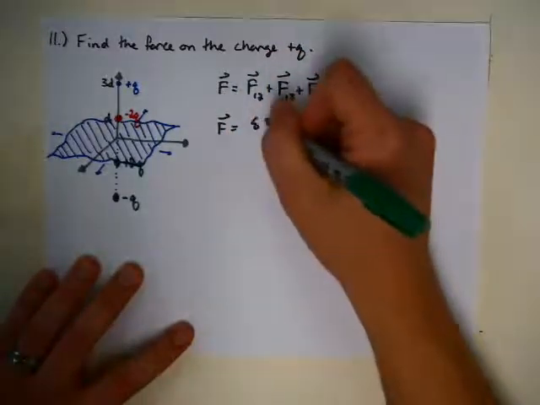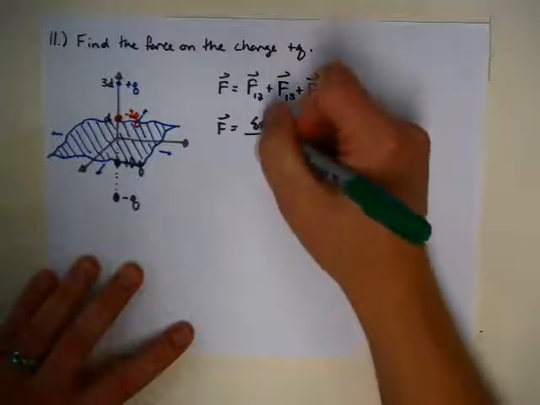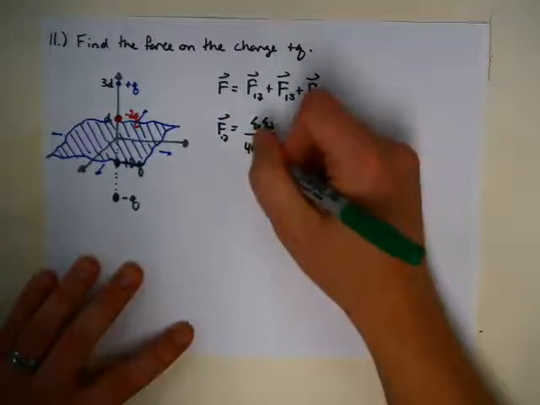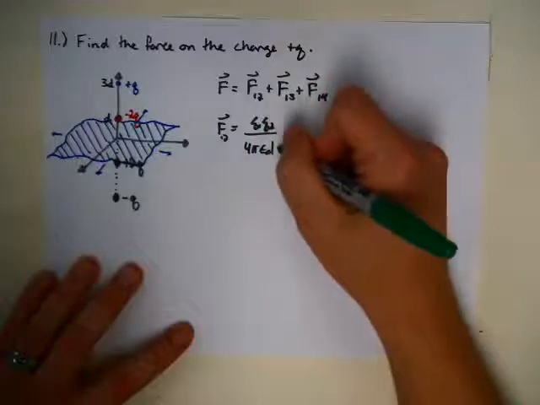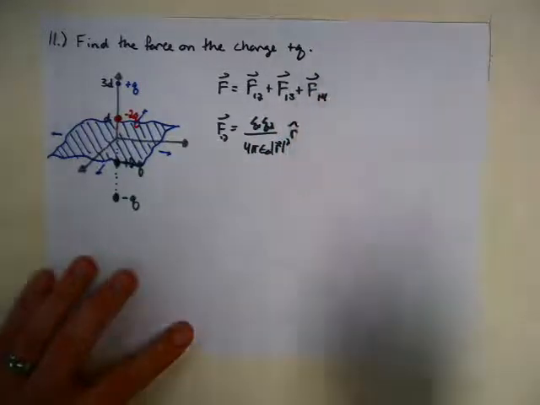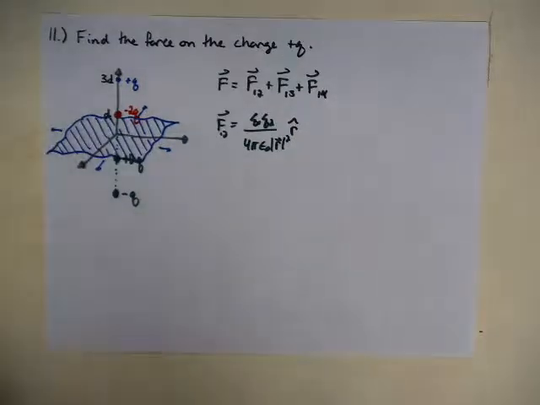Each force we can get from Coulomb's law, which is Q1 Q2 over 4 pi epsilon naught, 1 over the distance squared, r hat.